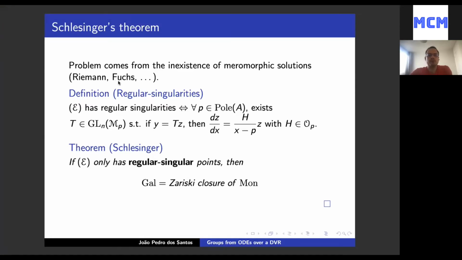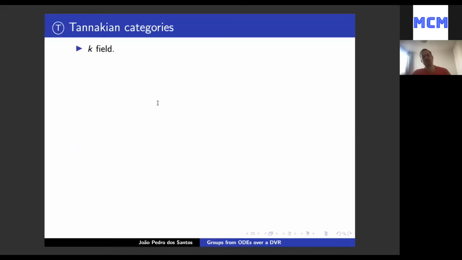I'll try to move on to something more categorical, and it's Tannakian categories. So I give myself a field. I want to talk about these categories and how to bring them into the problem I'm studying. I give myself a field, and a linear abelian category.